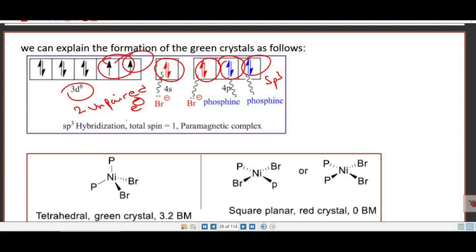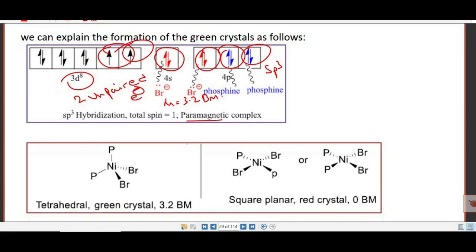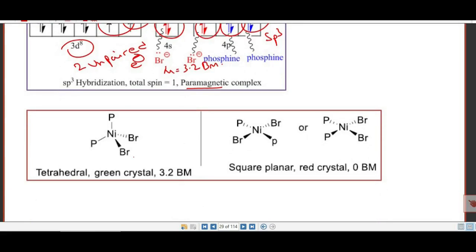Hence, for two unpaired electrons, the magnetic moment mu is 3.2 BM. It is paramagnetic. So, if it is tetrahedral, with sp3 hybridization, the color of the complex is green.